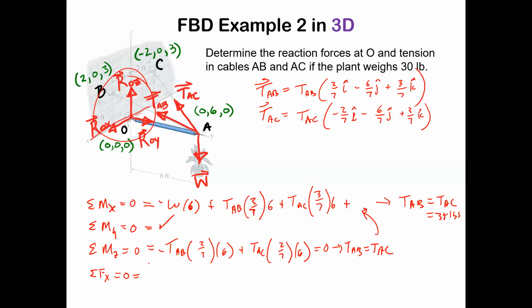That's going to equal ROX, and it's going to equal plus TAB times 2/7, and minus TAB times 2/7. Again, those things are already the same, so that means ROX equals 0.